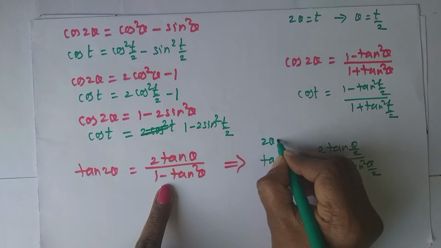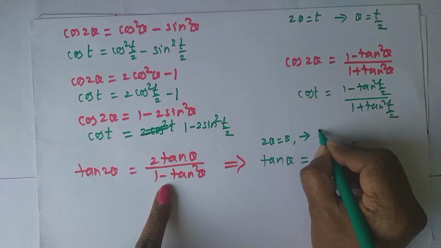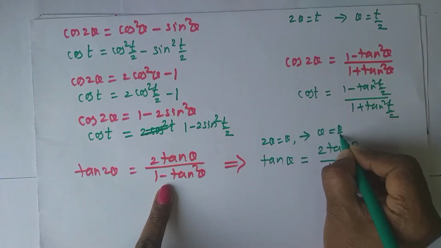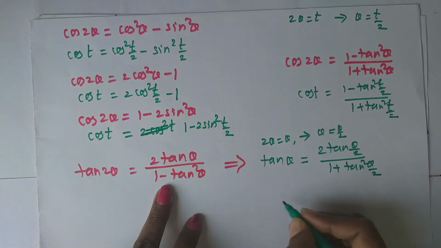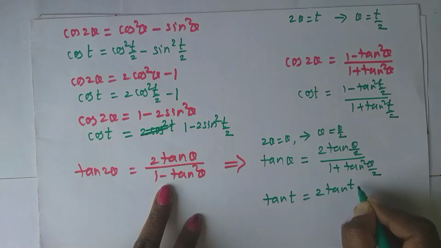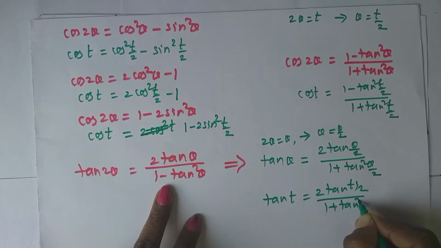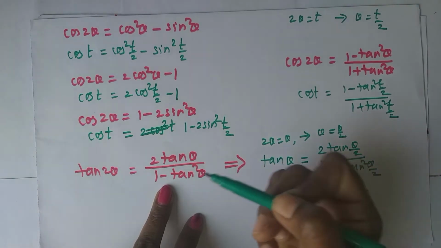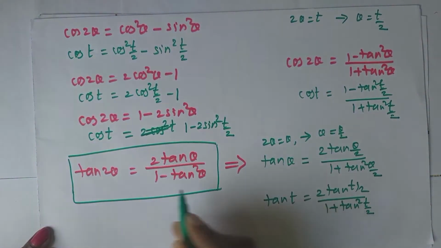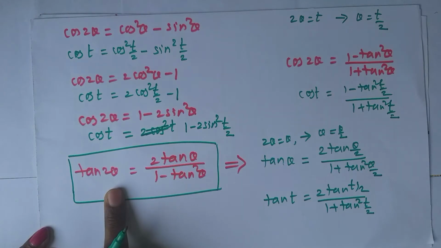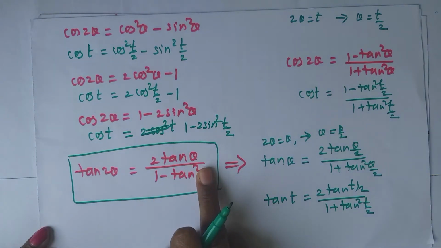If I keep 2 theta is equal to theta, then this implies theta is equal to theta by 2. Or if I keep 2 theta is equal to t, then theta will be t by 2. That is tan t is equal to 2 times tan t by 2 divided by 1 minus tan square t by 2. Means in this double angle formula, if you keep the value of 2 theta as theta, then this becomes theta by 2.